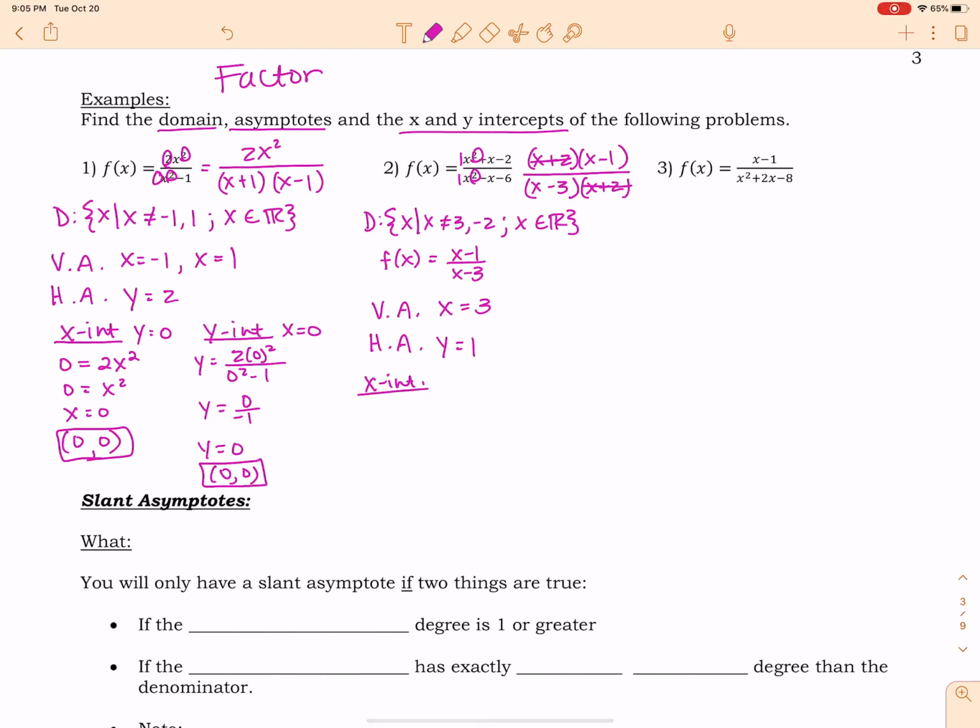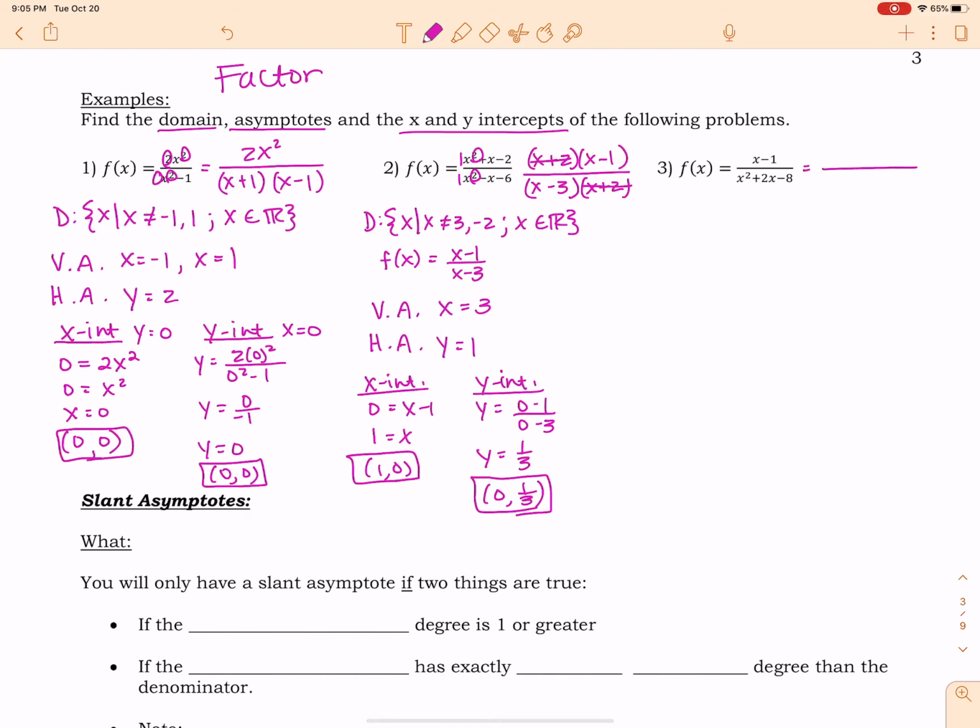The x-intercept, I set the numerator, which is x minus 1, equal to 0. And I get 1, 0 as the y-intercept, or I'm sorry, the x-intercept. The y-intercept is when x is 0. So y equals 1/3. 0, 1/3 is my y-intercept. Magic.